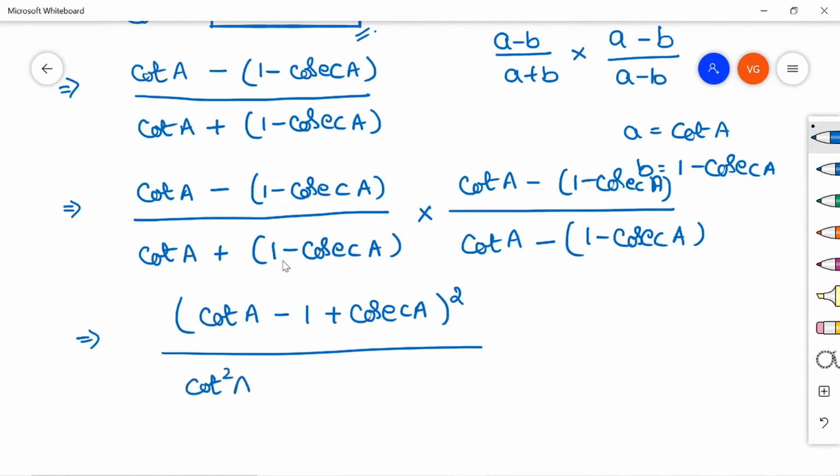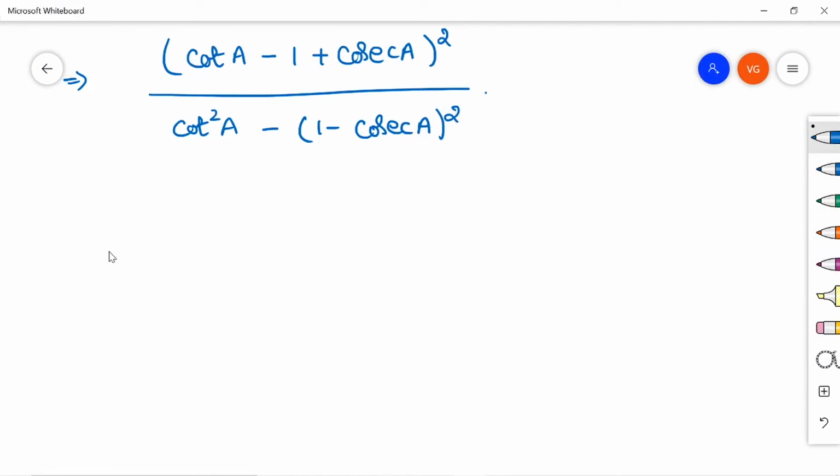I can write it as cot square A minus (1 minus cosecant A) whole square. Now we can expand both numerator and denominator.